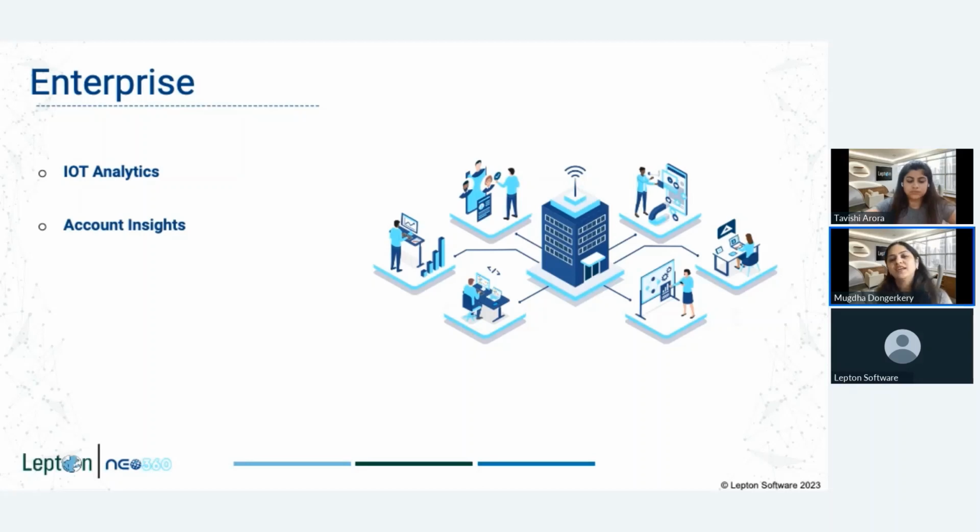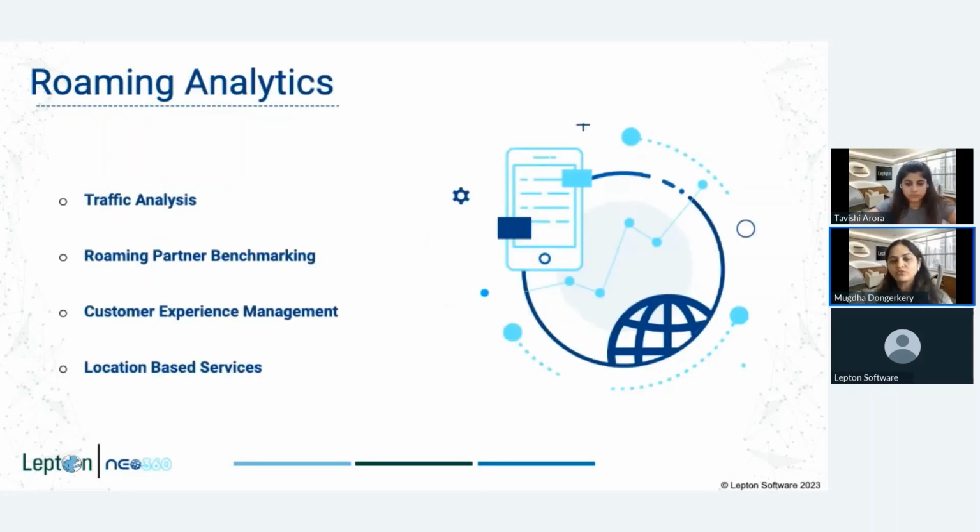Then roaming analytics. Roaming is again a very big source of revenue for any telco operator. Now, in this, using Neo 360, you can do the traffic analysis geography wise. You can use this analysis to benchmark the roaming partners, that which roaming partner is giving you a better service, and in turn, you can use this information to finalize the costings or the pricing with your roaming partner.